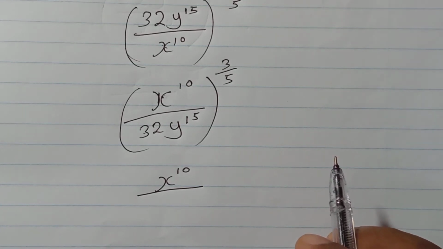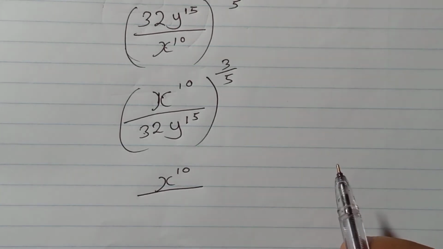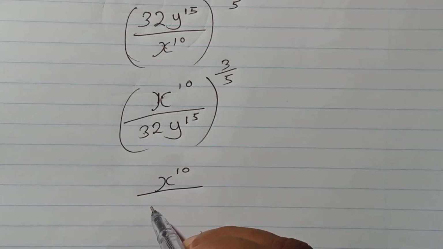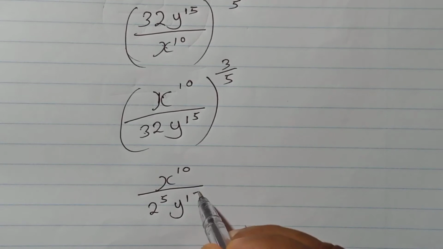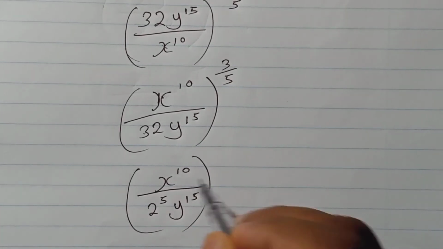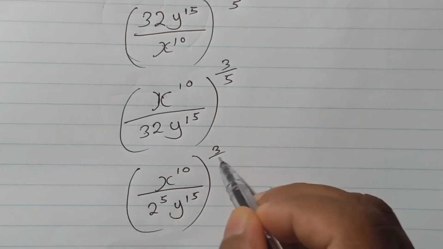We can make it easily: this is 2 to the power 5. 2 to the power 5 means 2 into 2 into 2 into 2 into 2, you multiply 5 times. So 32 you can write as 2 to the power 5, and here will be y to the power 15, right? Now everything inside the bracket we wrote as a power.